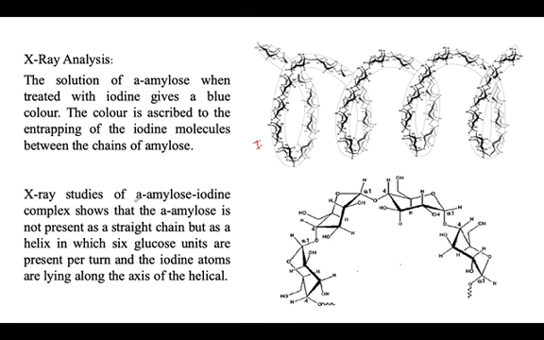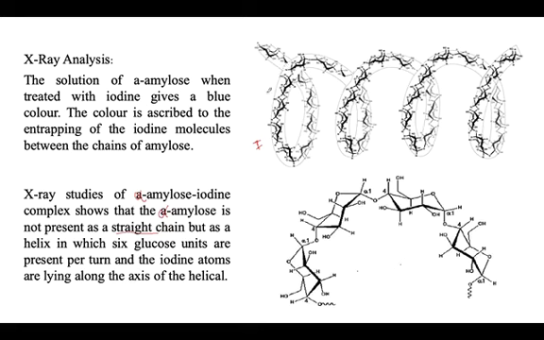When X-ray studies of the alpha amylose iodine complex were done, it was found that alpha amylose is a linear chain, but not a straight chain. It forms a helix, like a DNA molecule.